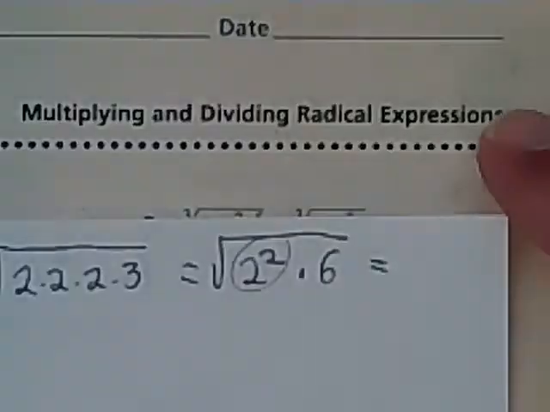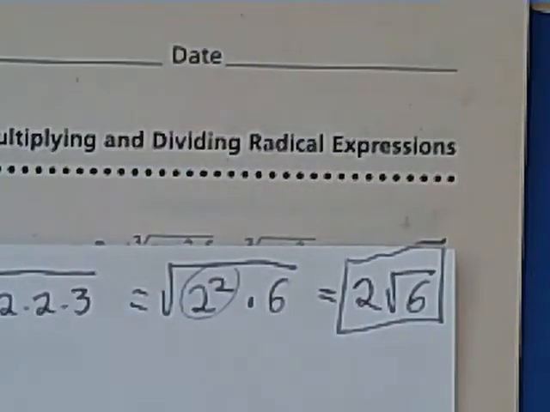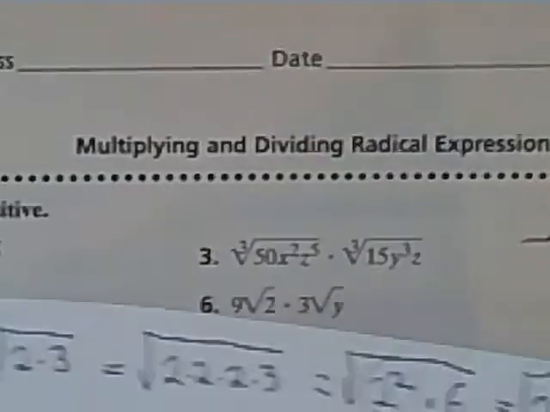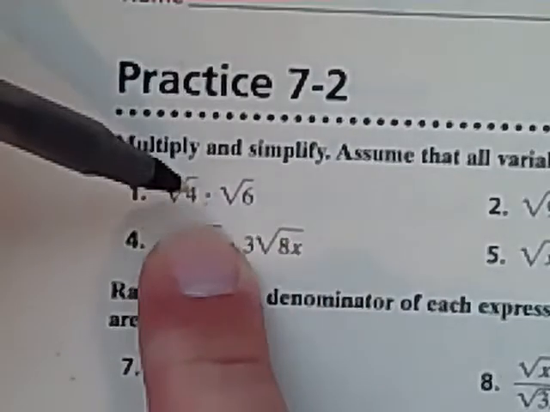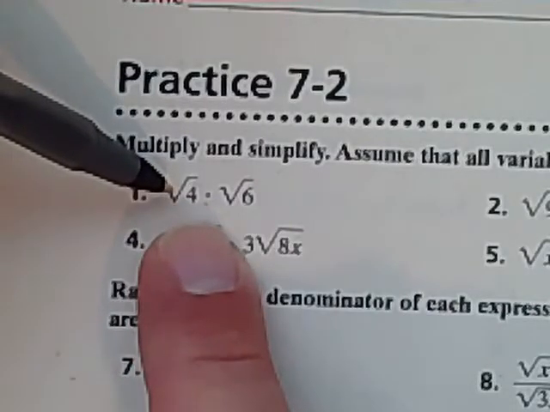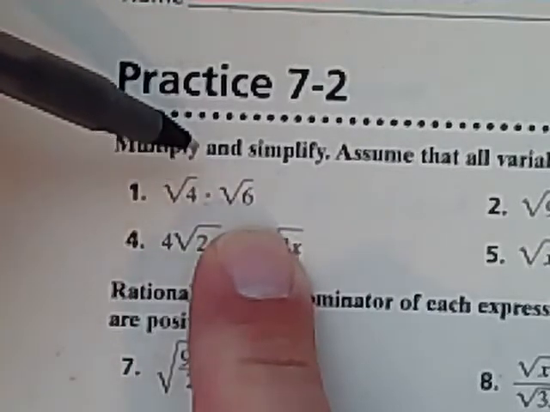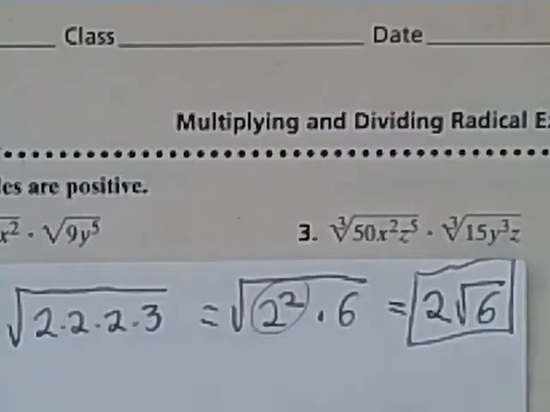And so my simplified number is 2 radical 6, my final answer. 2 radical 6. I guess that's a long-winded way of saying, okay, the square root of 4 was 2, and I couldn't simplify this any further. So 2 radical 6. Sometimes, though, I'm just going to keep going. Let's do number 2.